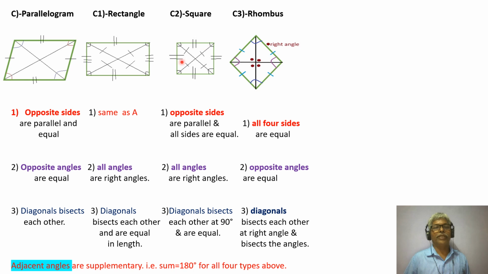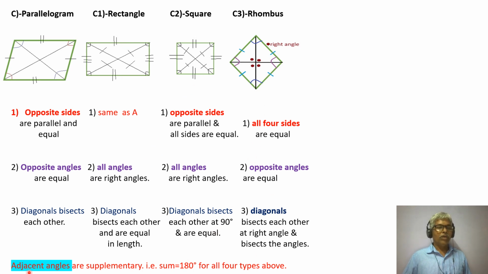The same thing is happening here also, but this is a square and it has 90. So this is the particular difference between the square and rhombus, that this is not 90. All other properties are almost the same. This is the difference between these two, and these are the properties of parallelogram, rectangle, square, and rhombus.